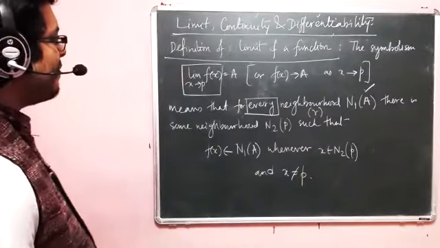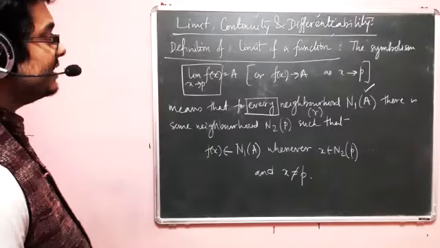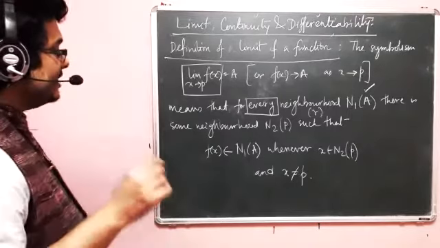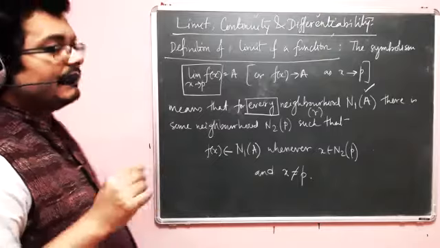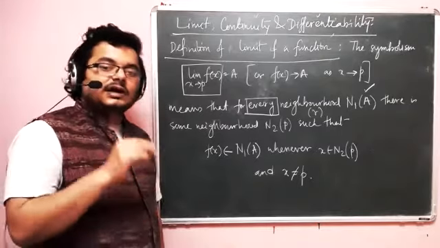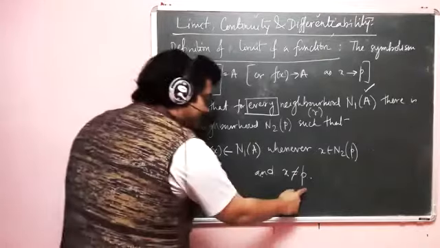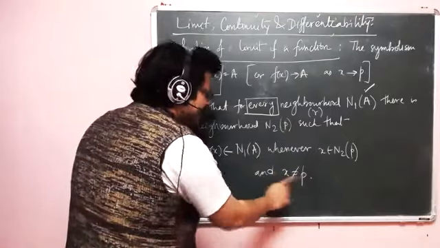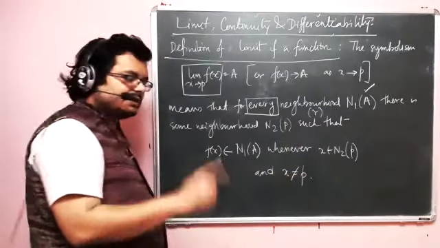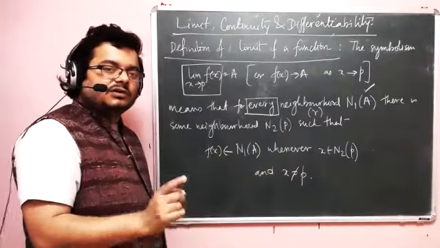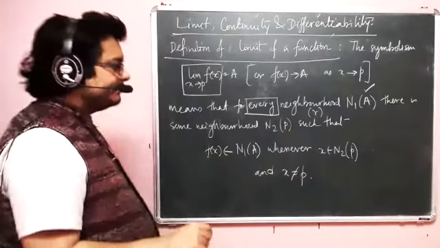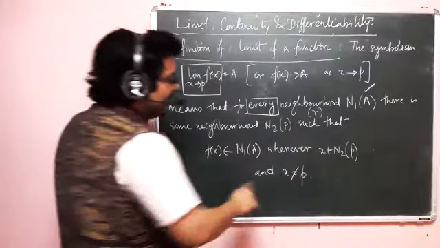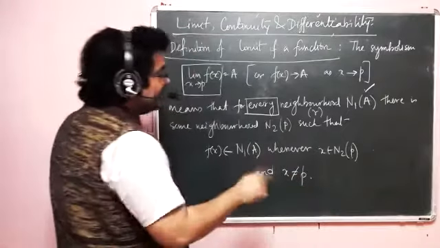Then the central question that comes to our mind is: while evaluating the limit of a function, I put this P in place of x. Why do I do that if I'm not interested in x equal to P? Because that is exactly what I am doing every time I am solving a problem, and yet in the definition I'm saying I'm not interested in what happens at P. So why do we do that?